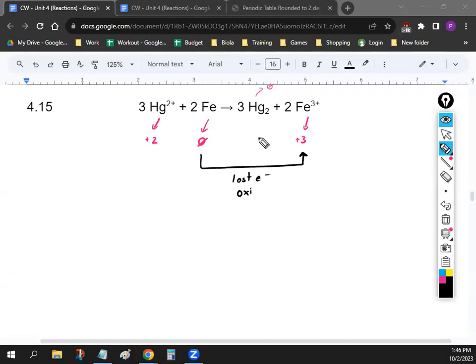So if Fe is being oxidized, what does Hg have to be? It has to be reduced. So even if you don't know what the oxidation number is here, and you might think that's a little weird, you can still figure out if it's being oxidized or reduced by knowing the other one. There's usually one oxidized, one reduced.